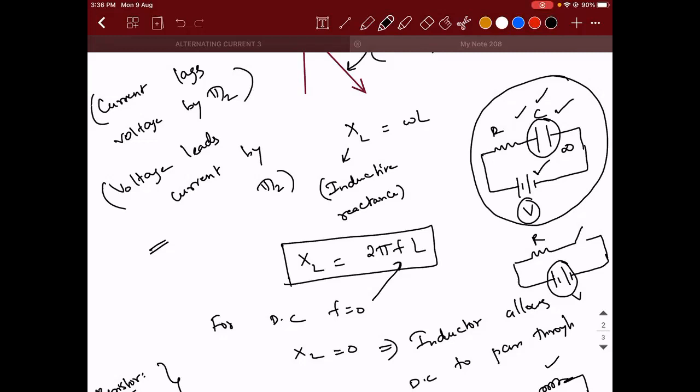The reason, what will you say? What should be the correct reason? Capacitor opposes DC current. Capacitor opposes DC is fine. And why does it oppose? Because it offers infinite resistance, right?